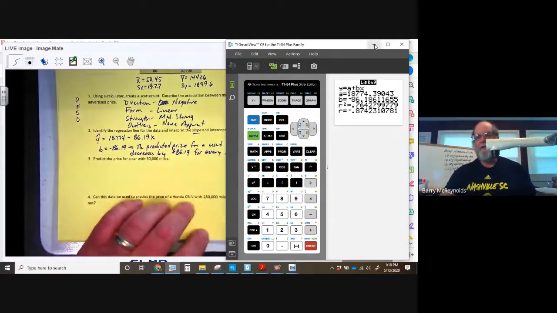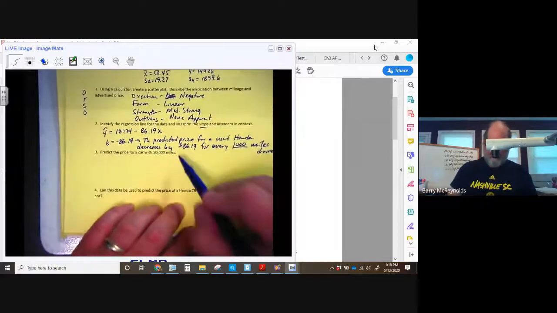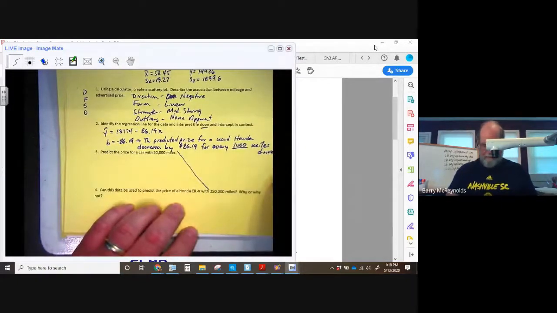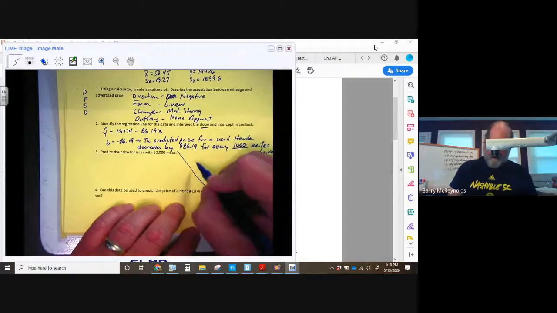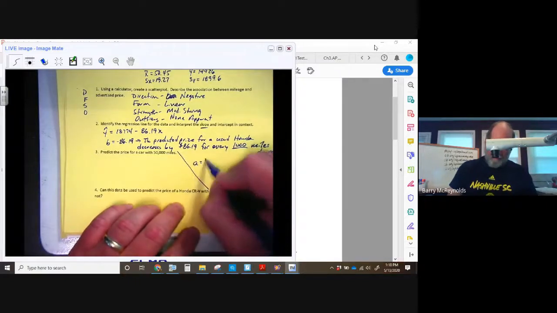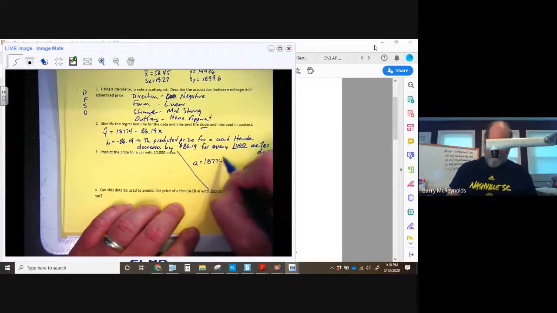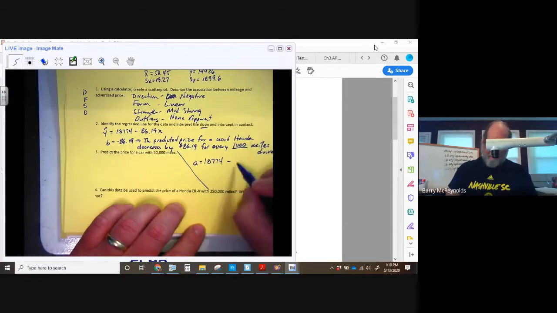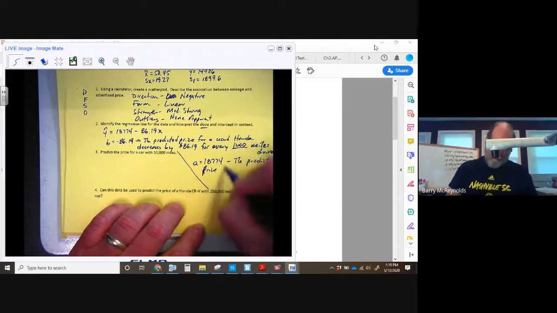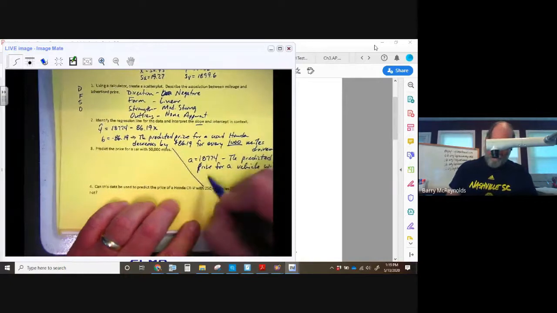To interpret the y-intercept, a equals 18,774, and that is the predicted price for a vehicle with 0 miles driven.